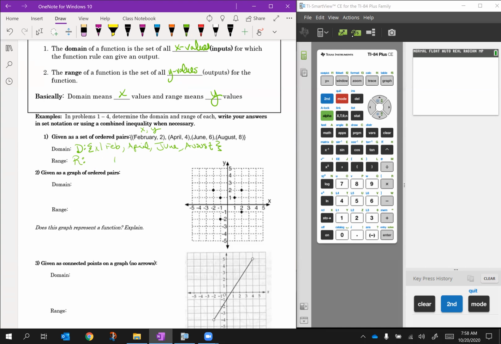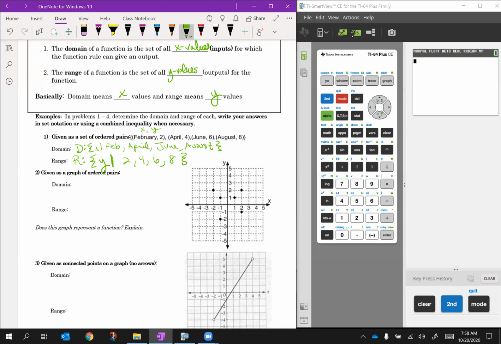So I just put, just so you know what my notation is, sorry, I should say that. So I do the set. Remember to make those, it's an S to a 2 or a 2 to an S. That's the easiest way to make them. Range stands for Y, so I put a Y for my variable. 2, 4, 6, 8. Do you know what those numbers stand for? You got it, the number of the month.